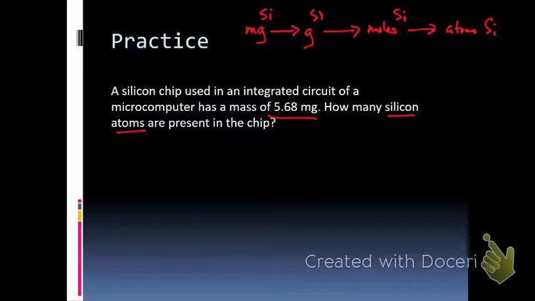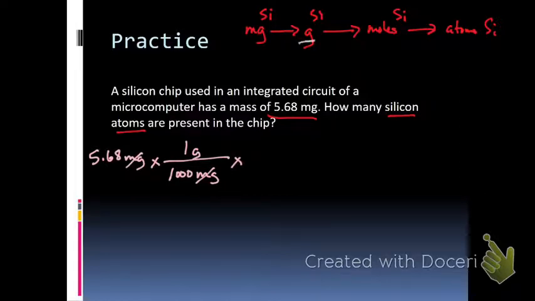All right. If you need to use the map, that's fine, but this is how we're going to go ahead and solve it. So starting with 5.68 milligrams, there's 1,000 milligrams in 1 gram. So now we have it in grams, right? I'm not going to solve it mathematically, but I'm in grams. So now I got to get to moles of silicon.